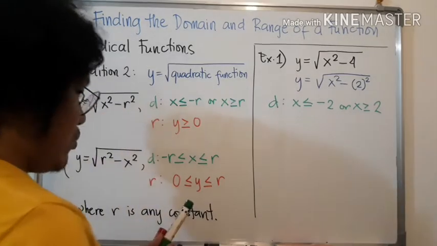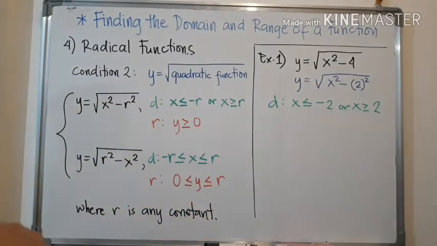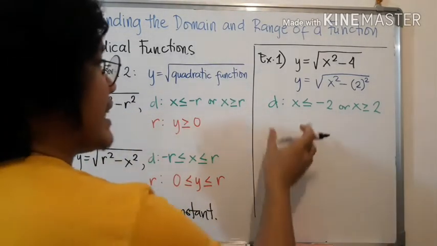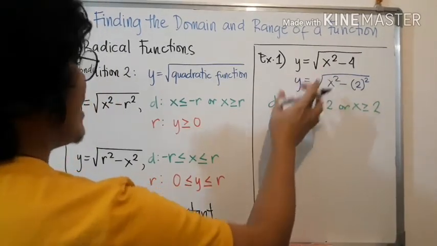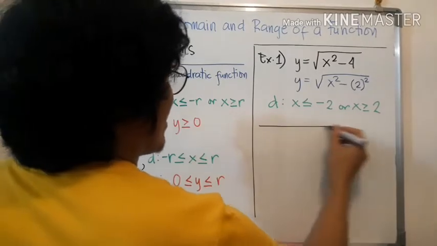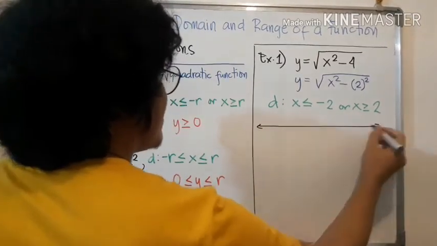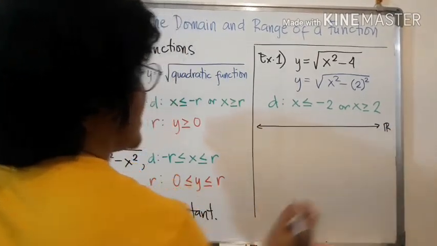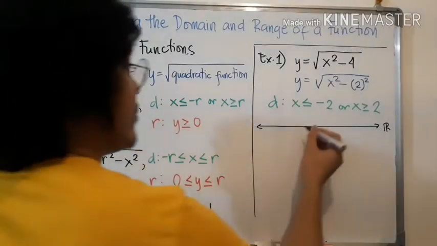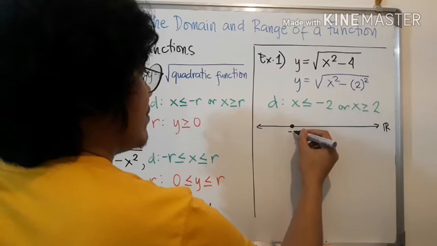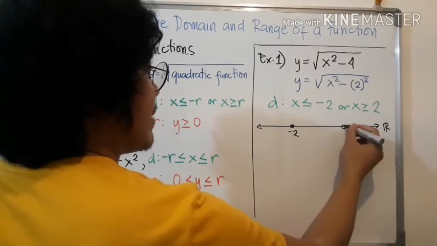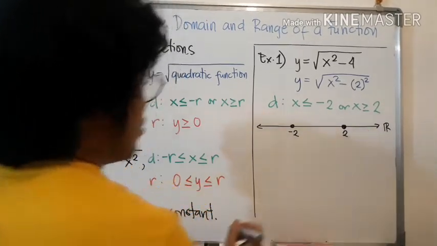If we sketch the real number line, to see what the domain of this radical function looks like, say we have a number line with negative 2 and positive 2.